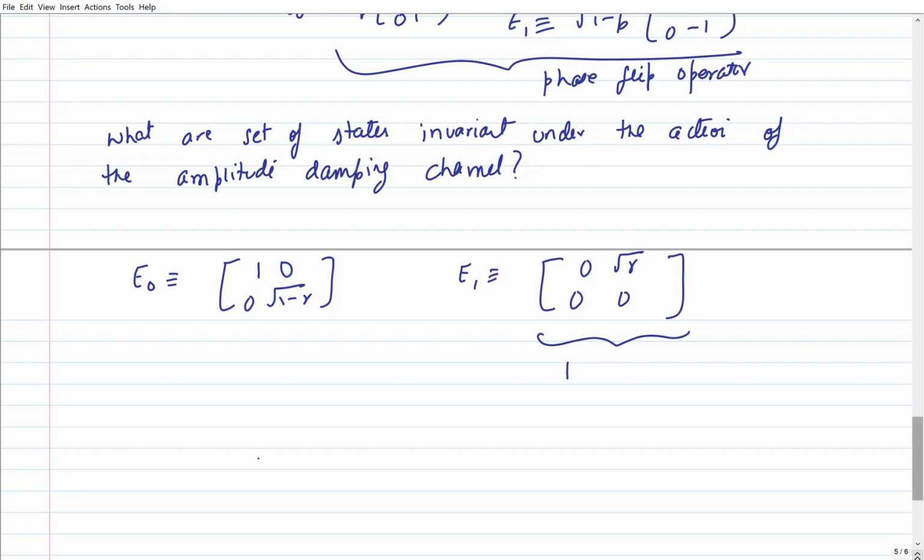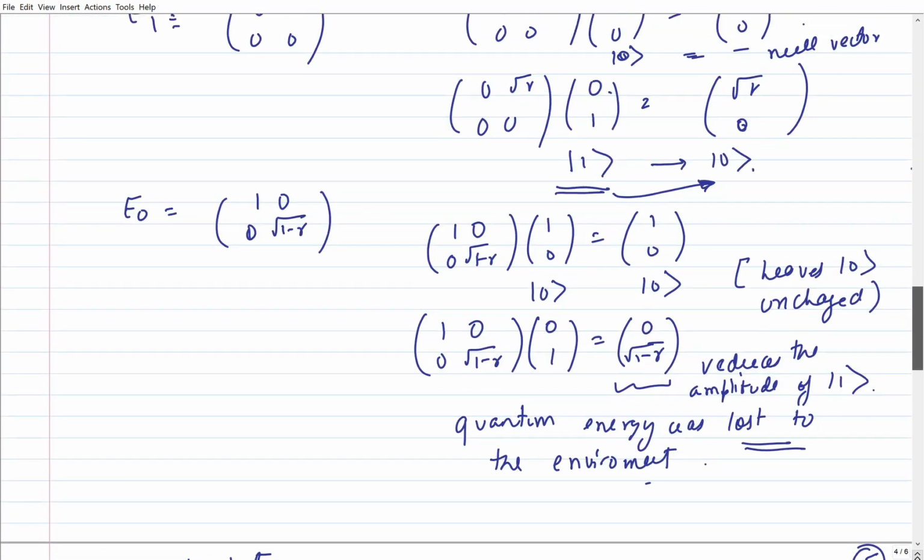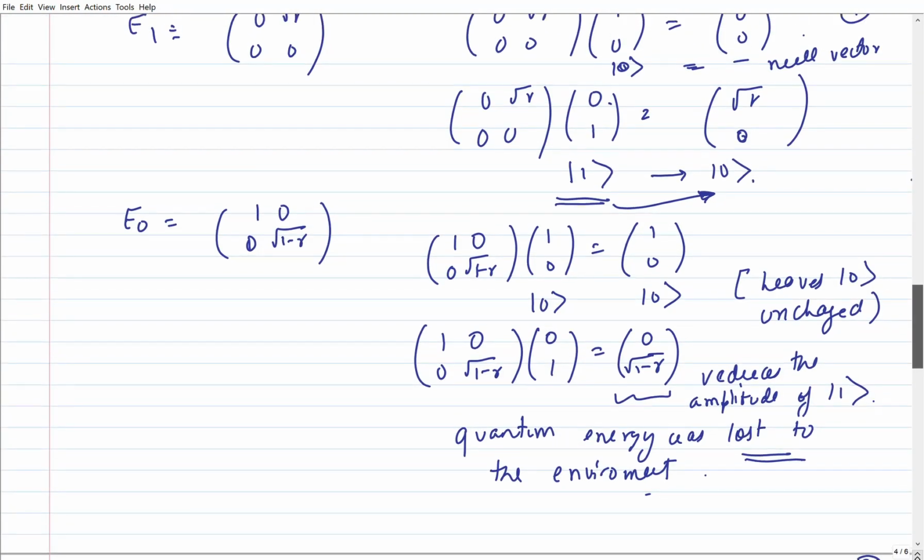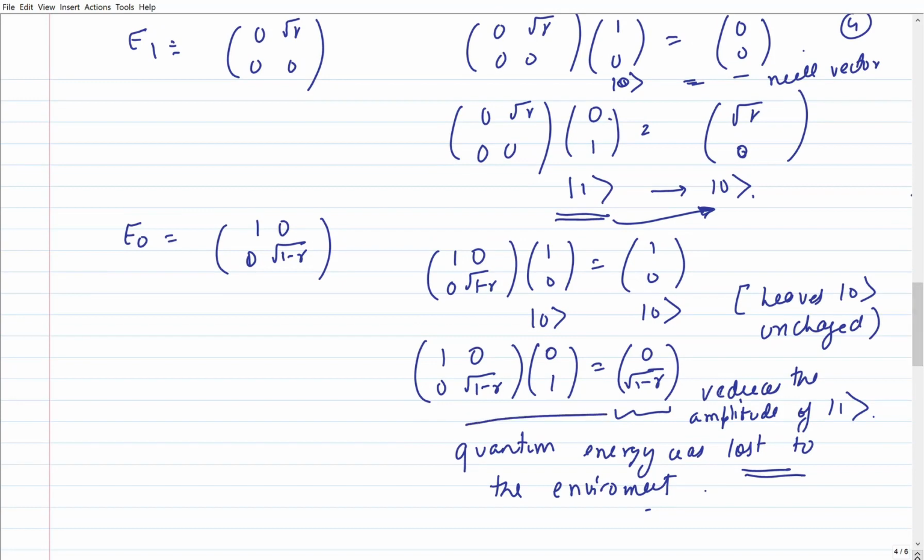And as we discussed over here, E0 was causing the energy loss to the environment, and E1 was causing a change from 1 to 0.